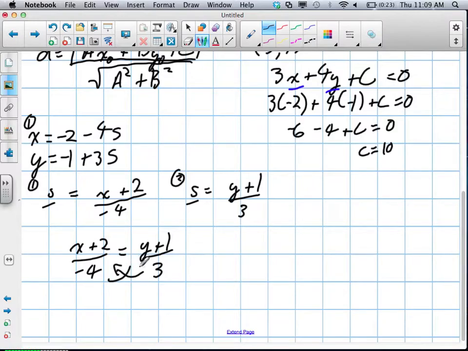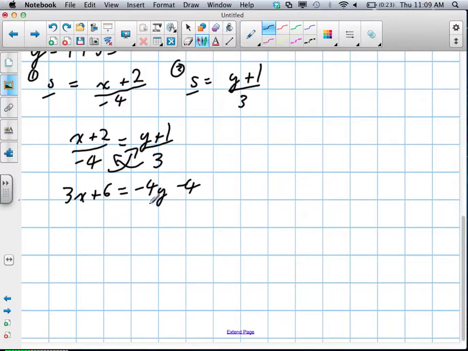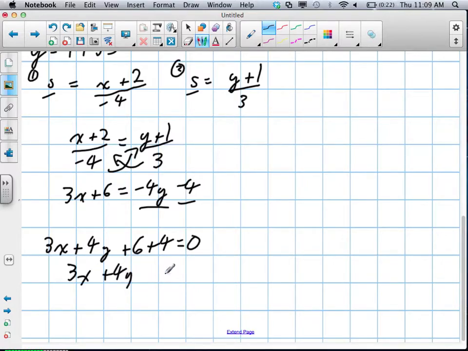Cross multiply. 3x plus 6 is equal to -4y minus 4. We move these two to the other side of the equation. 3x plus 4y plus 6 plus 4 equals 0.